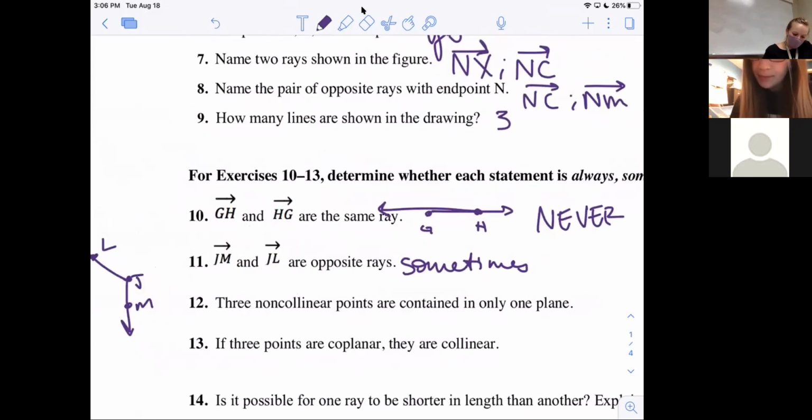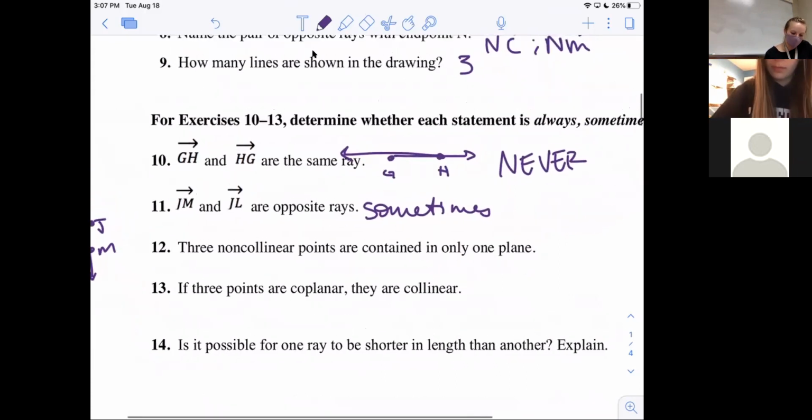Three non-collinear points are contained in only one plane. That's kind of worded funny.